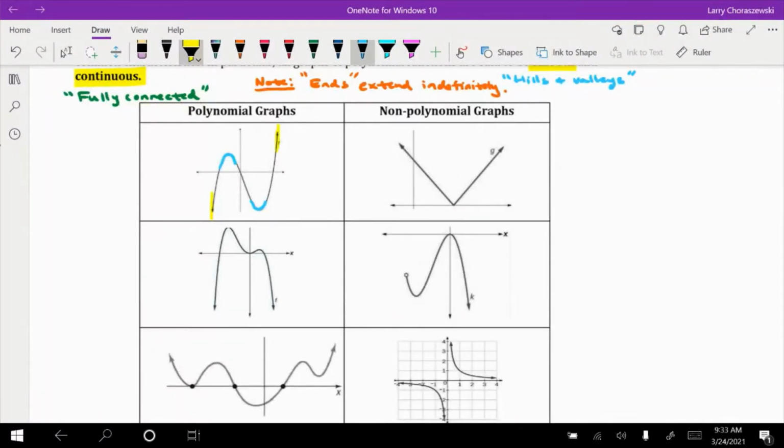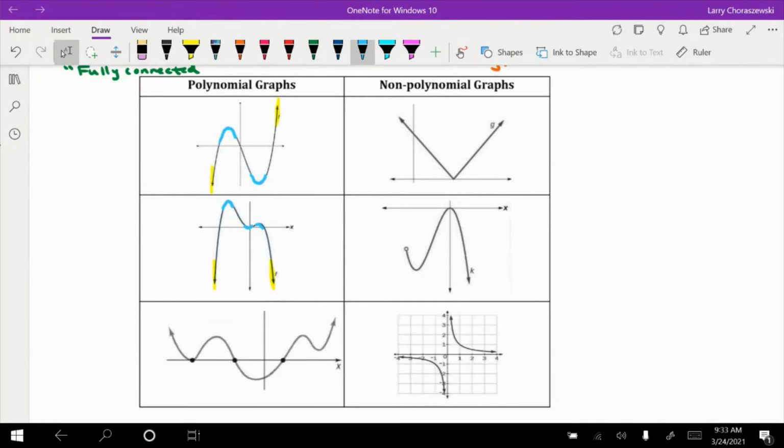With the second graph, looks like a little piece was chopped off in the notes here. We have a nice rounded hill, a nice rounded valley, another rounded hill. Everything's fully connected, and the ends continue on indefinitely. Looks like both are pointing down.